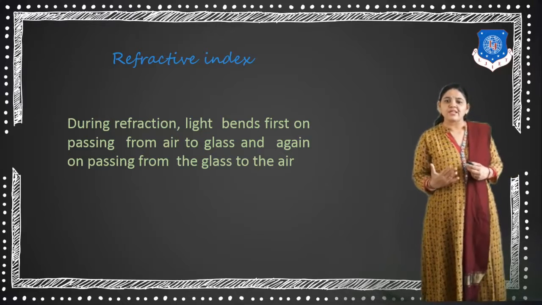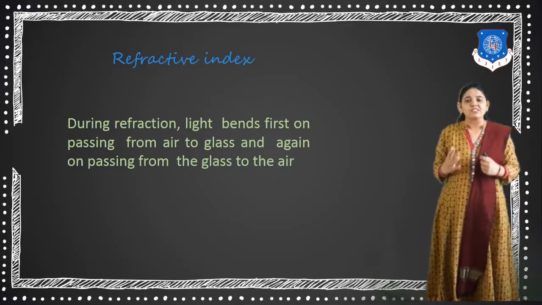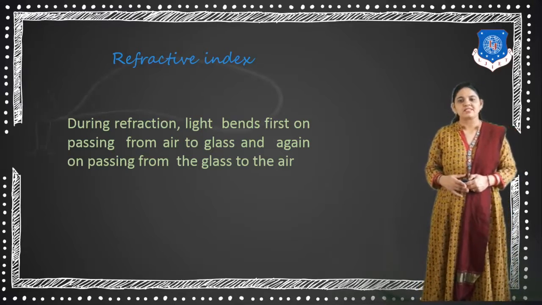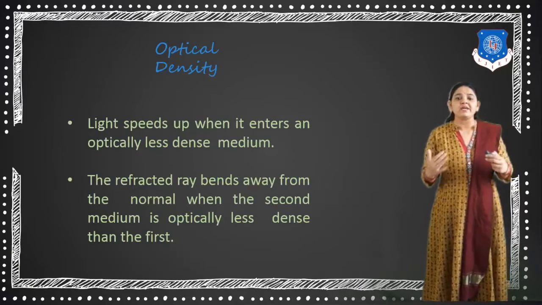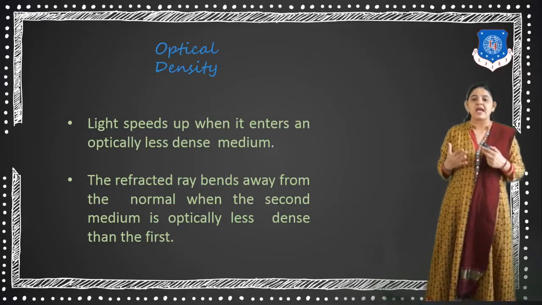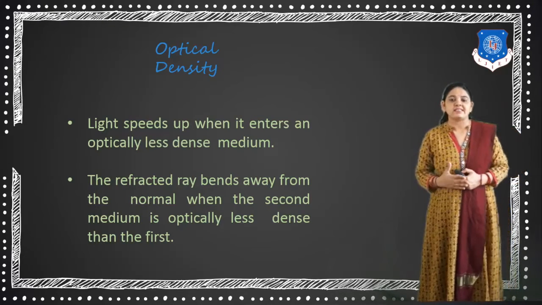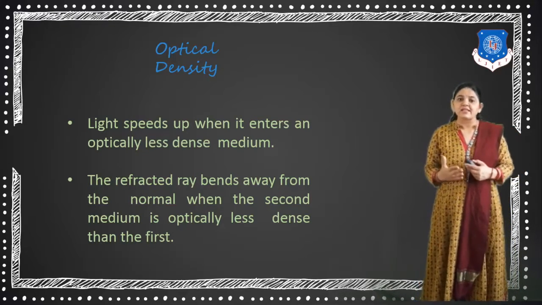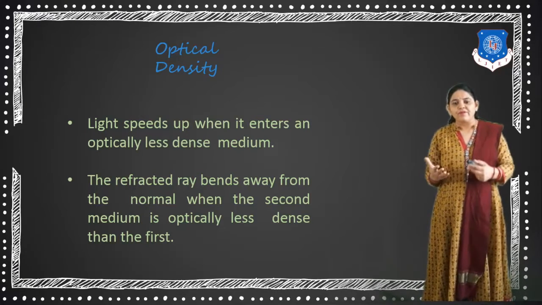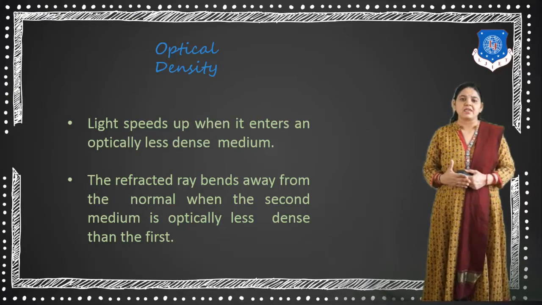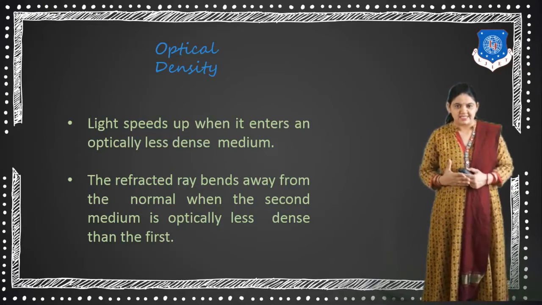So during refraction, the light bends on passing from air to glass and glass to air. Light speeds up when it enters an optically less dense medium, and the refracted ray bends away from the normal when the second medium is optically less dense.